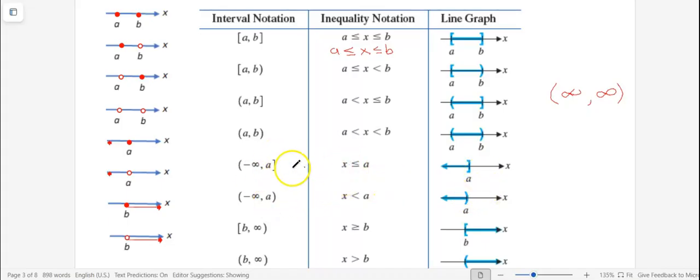Well, I'm sorry, that was equal to because we have the bracket. Apologies. x is less than a because we have the parentheses. And then, of course, it goes the opposite way when it's greater than.